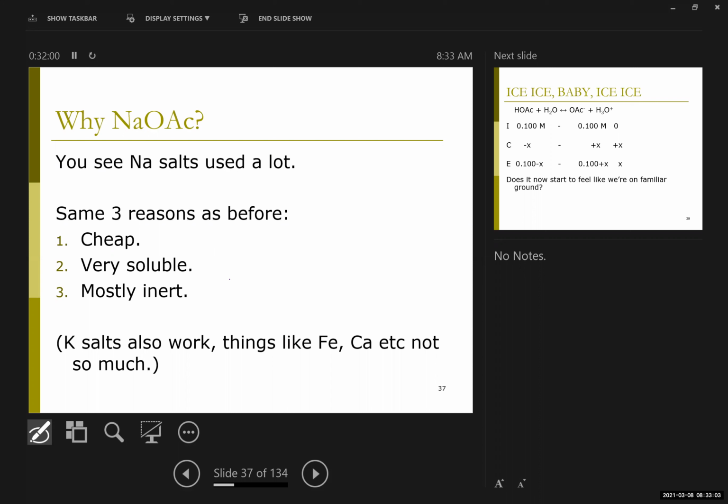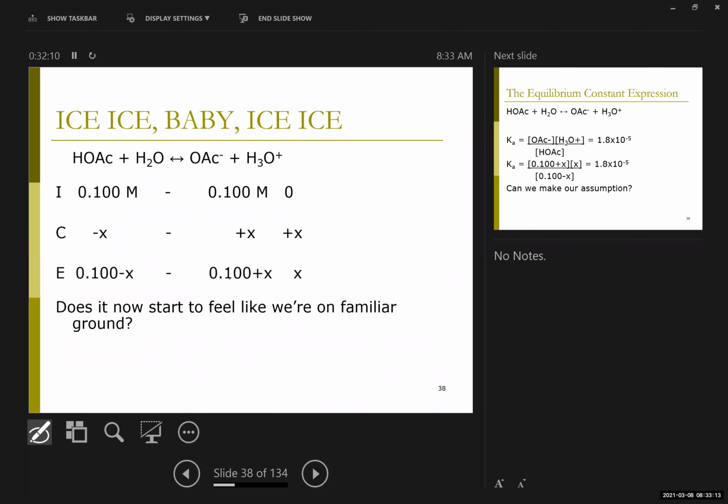On the flip side, you see a lot of nitrates. If you've got nitrates, it's not the nitrate anybody cares about, it's whatever's stuck to the nitrate. And so my ice chart looks different than if I only had acetic acid, but the only real difference is I have an initial concentration of acetate.